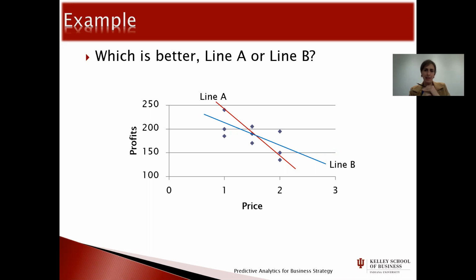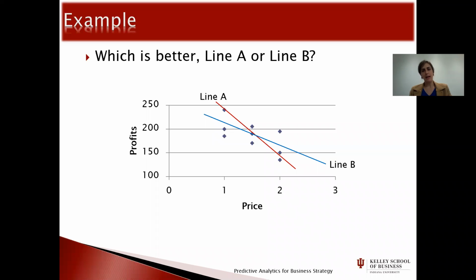But the problem with line A is that it exaggerates the slope. If you think about your price levels, for low levels of prices, we see that line A always overshoots, and for high levels of prices, we see that line A undershoots. Line B doesn't have so much of that tendency.